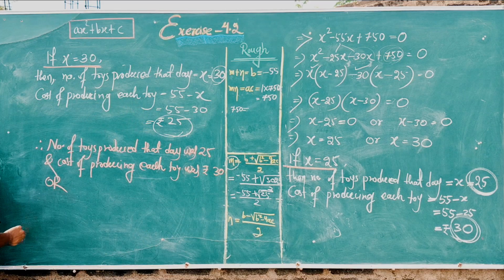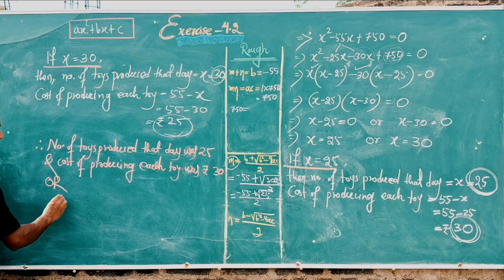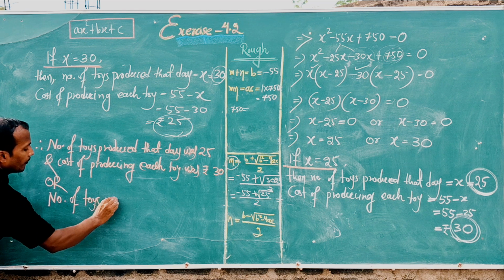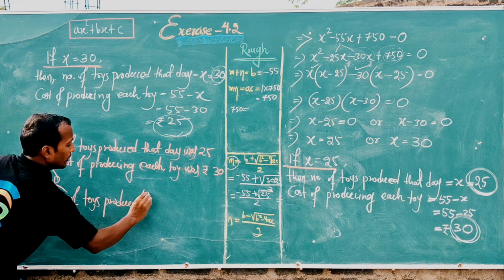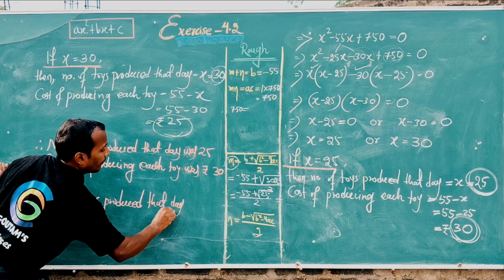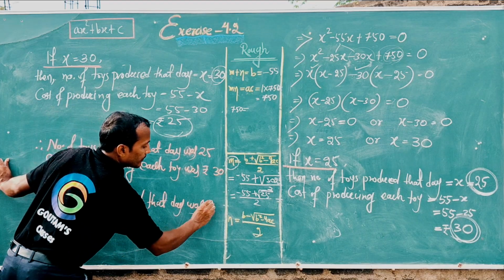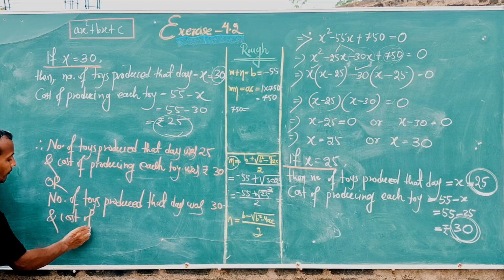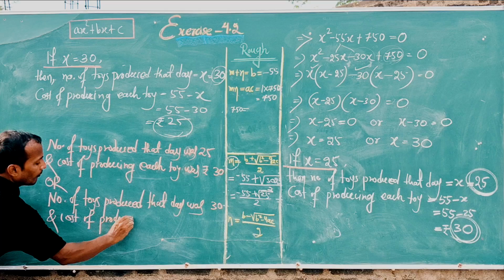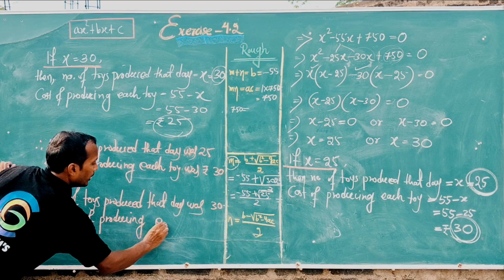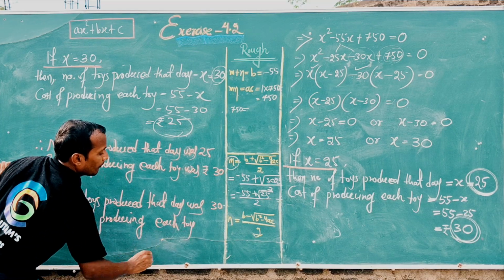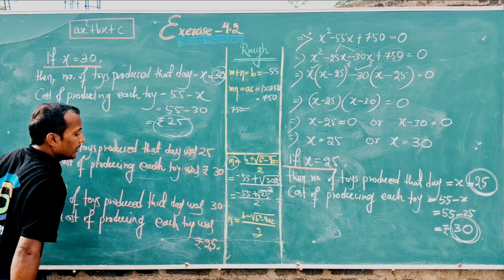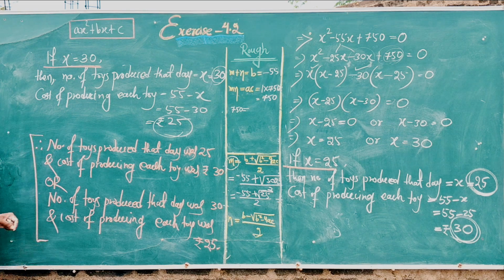Or let me mention the case number 2 also. Or number of toys produced that day was 30 according to case 2, and cost of producing each toy was rupees 25. So this is your final statement.